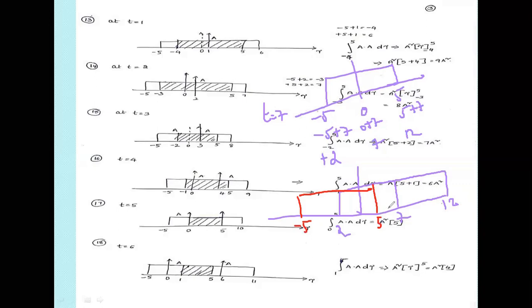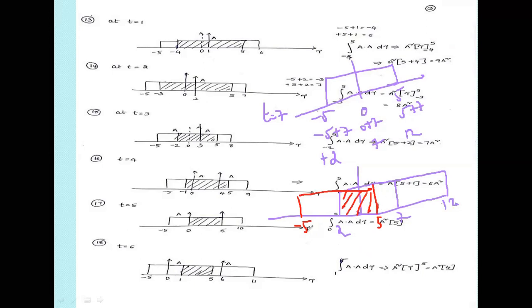Now the overlapping occurs from 0 to 4 and 0 to 5, and so on. Still it is 2 to 5. Now the overlapping is in between 2 and 5.